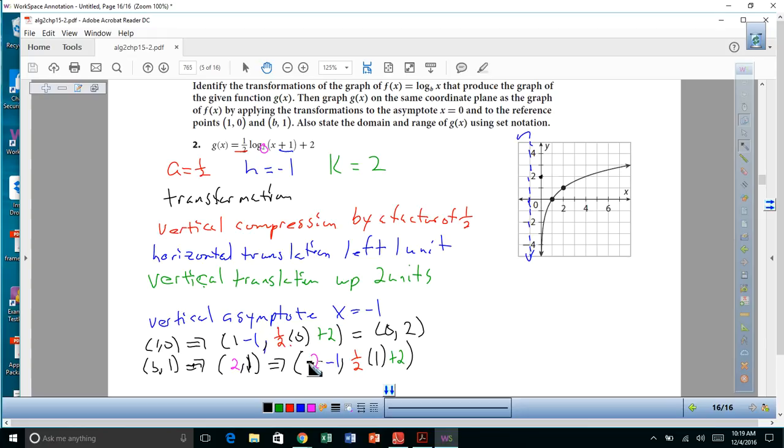So that'll give us our other point. 2 minus 1 is 1, and 1/2 times 1 is 1/2, plus 2 is 2.5. So let's find 1, and then 2.5 is going to be right there. So here's our transformation. So let's look at it. I think that looks real good. All right.